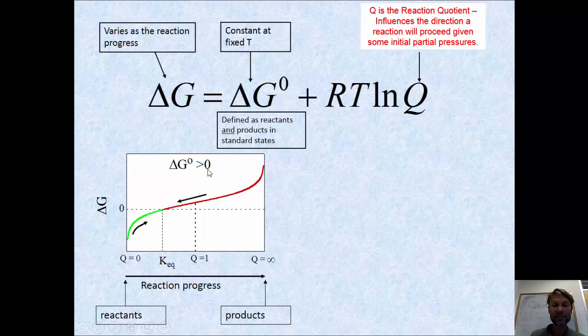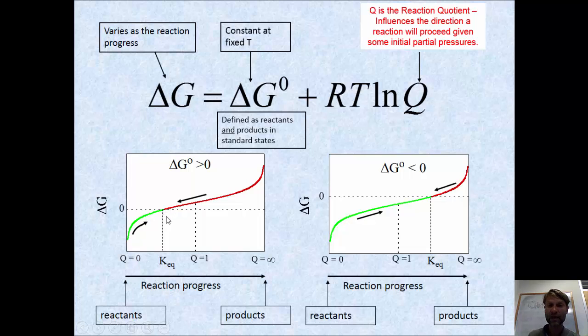Delta G under standard conditions is positive. And you can see that the reaction is going to go backwards to get to equilibrium. There's simply too many products when they're all at 1 atmosphere. And some of those products have to be turned into reactants to send the reaction backwards because delta G is positive under standard conditions. However, if we start with very few products and many reactants, then the reaction is actually spontaneous going toward equilibrium.